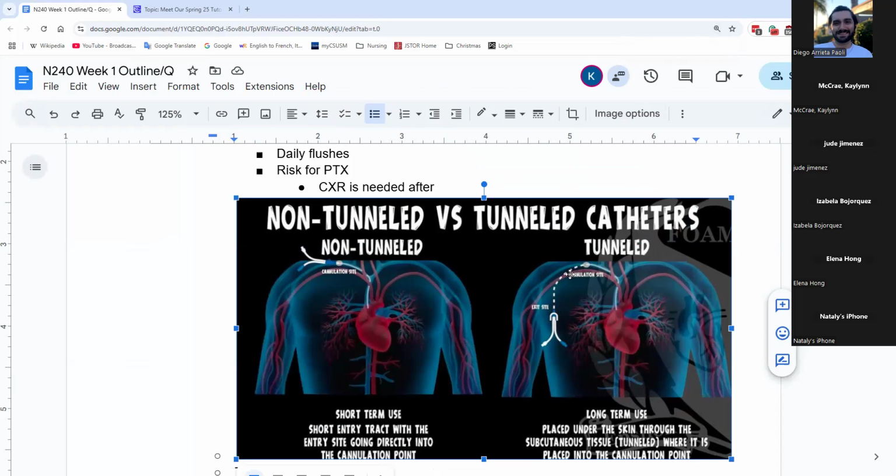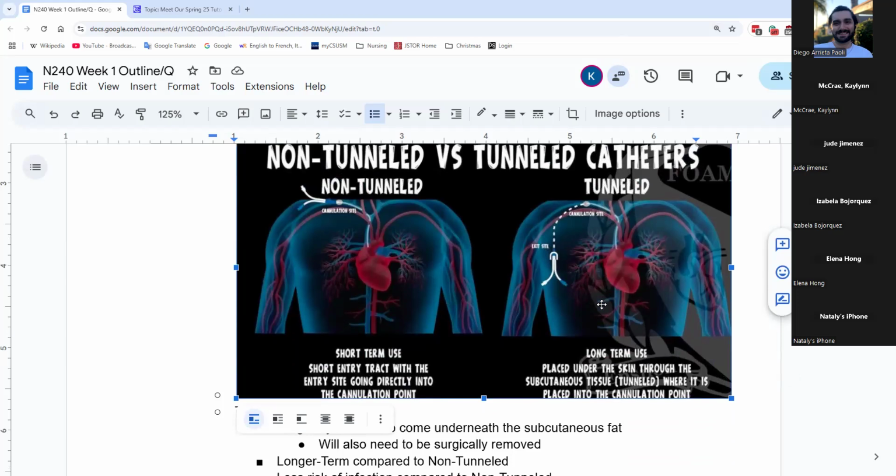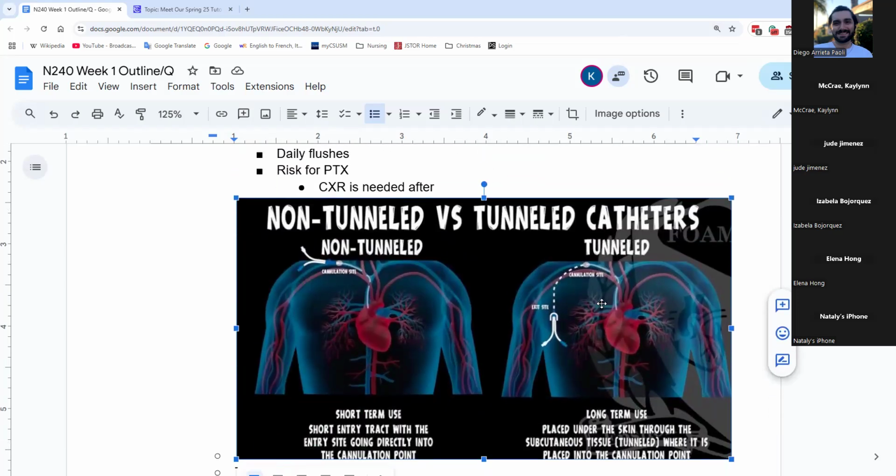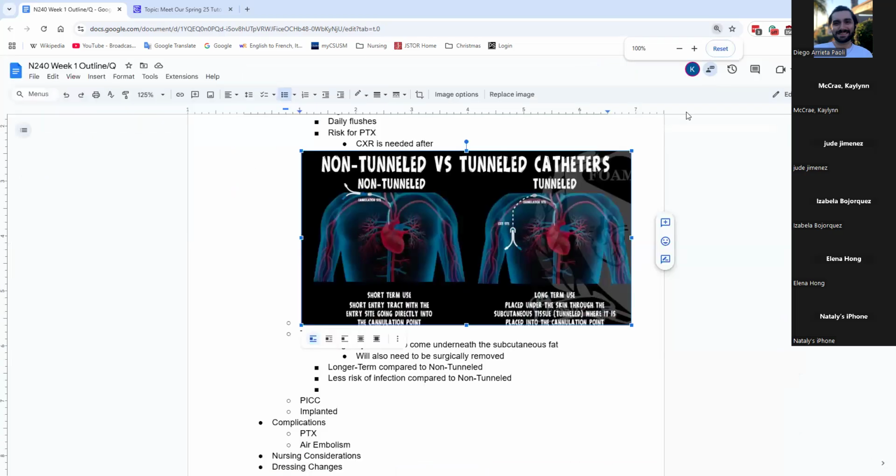That's why it's tunneled. It tunnels out and then comes out here. So it's still external access, just like this one, but there's a little bit more there. The little bit of subcutaneous fat acts like a shield, making it a bit less prone to infection.